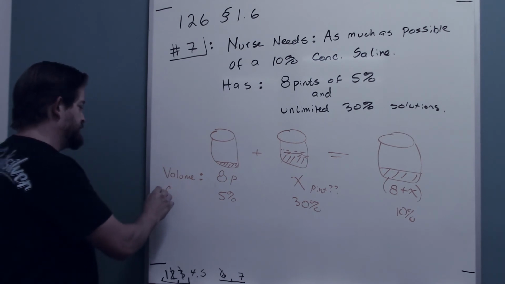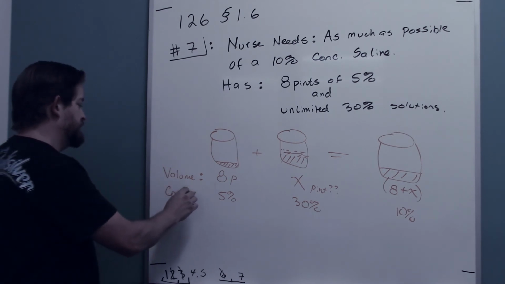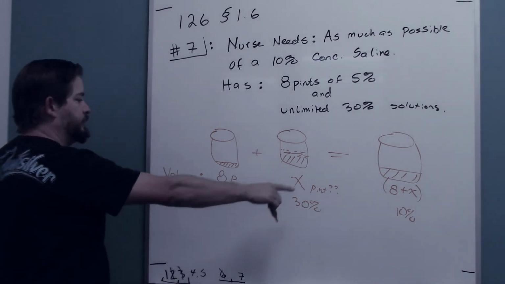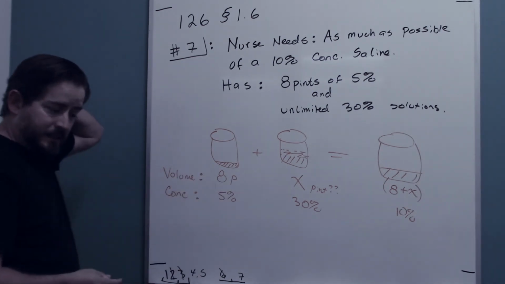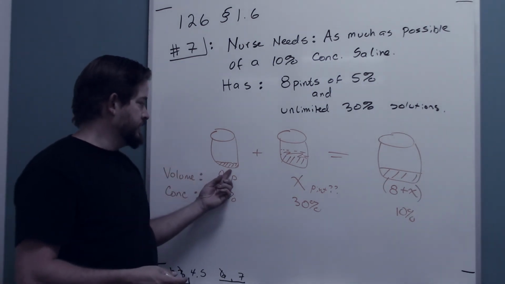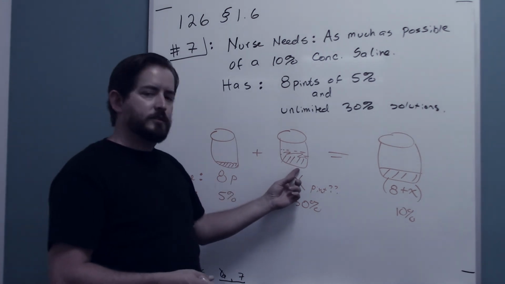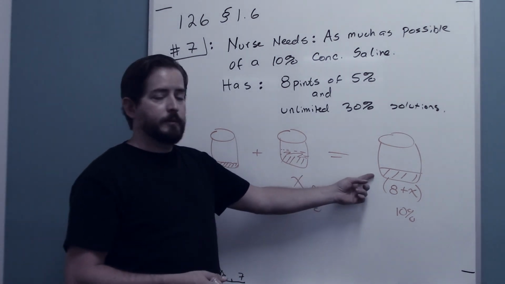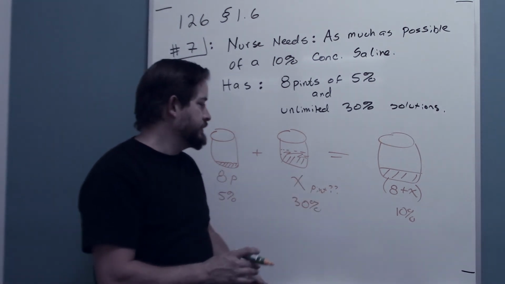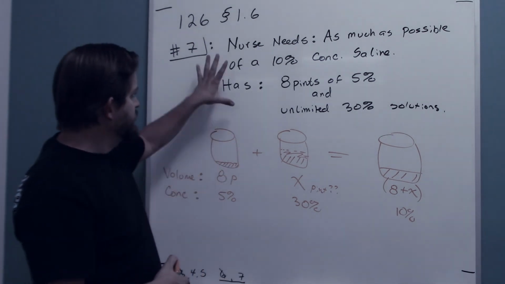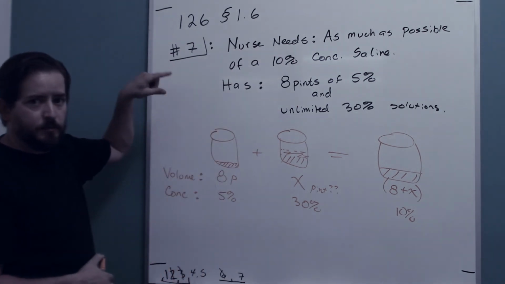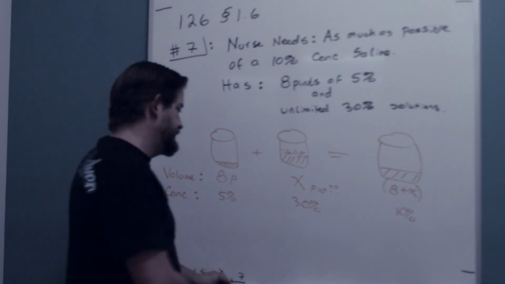And then I have these concentrations as well. 5%, 30%, 10%. The idea here is that the amount of salt that comes from here added to the amount of salt that comes from here has to be equal to the amount of salt that ends up here, right? So I'm going to write my equation up here. If you want to pause this, pause, because here it goes.